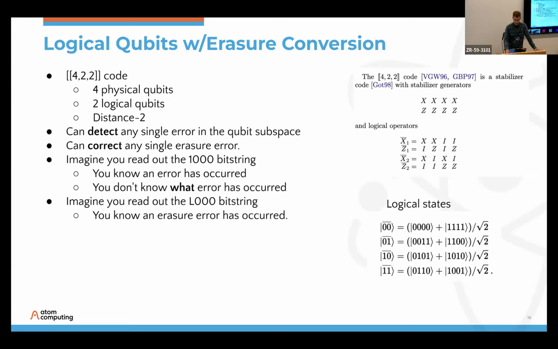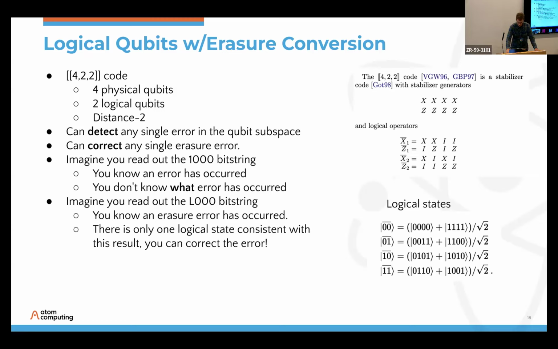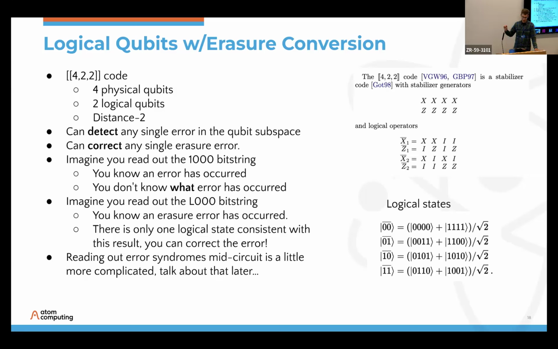If it's an erasure, and that qubit was lost, and you did some syndrome extraction, which I haven't explained yet, to identify which one was lost, you could replace it with a new qubit, reinitialize it, and keep going with your computation. You would actually be able to correct it.